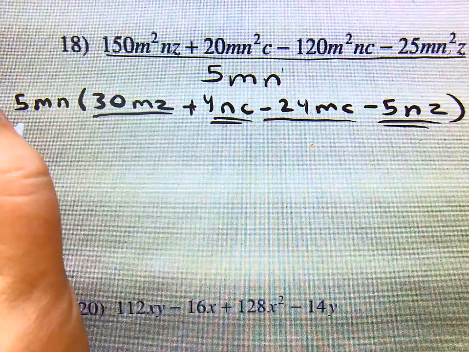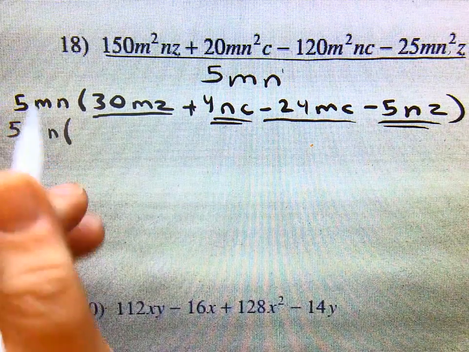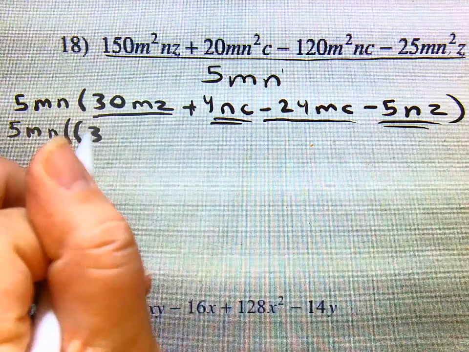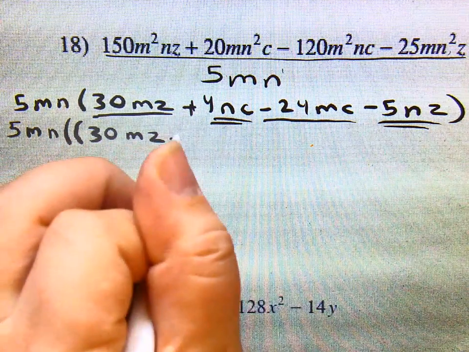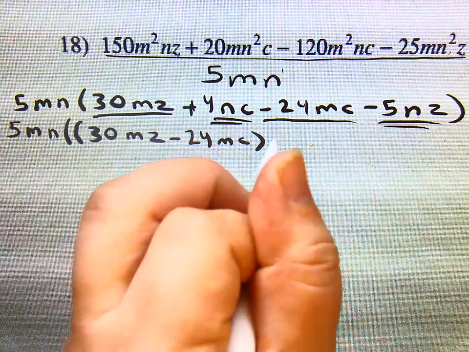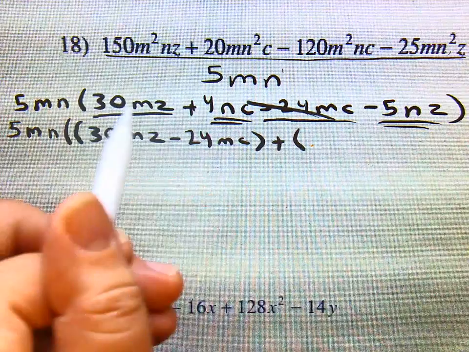So we have 5mn just kind of hangs out over here, and then I'm going to put my double set of parentheses, 30 mz minus 24 mc plus, so that's that one and that one.